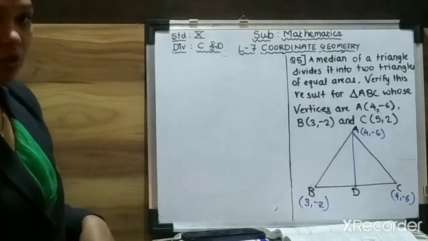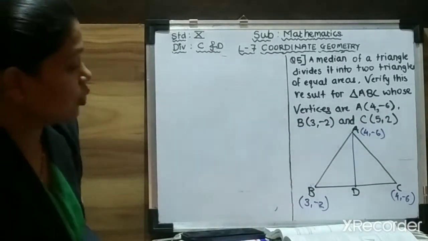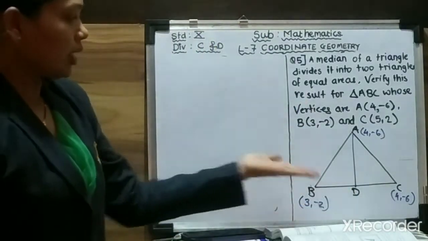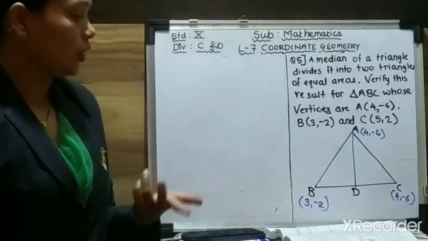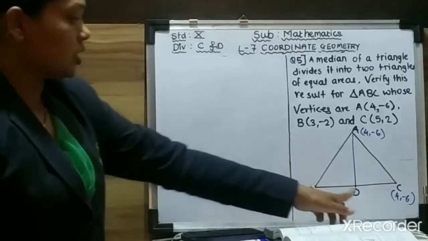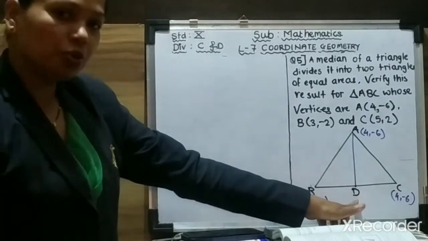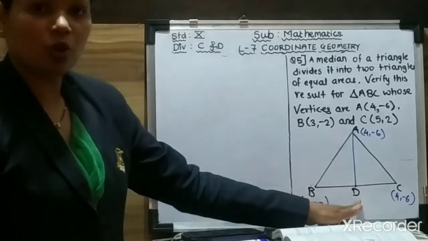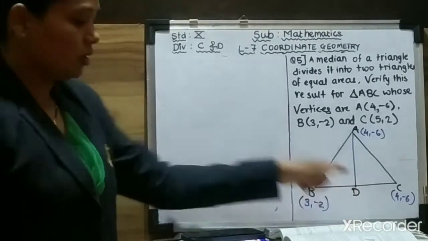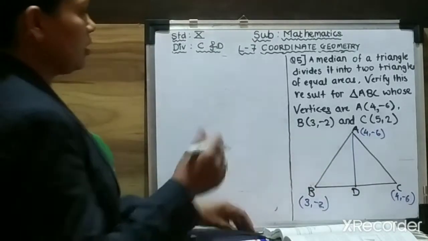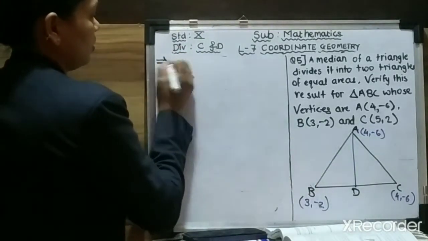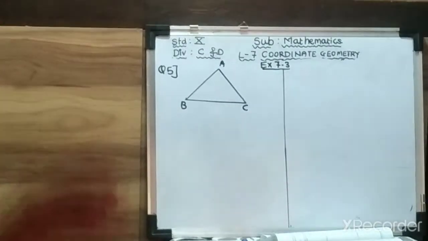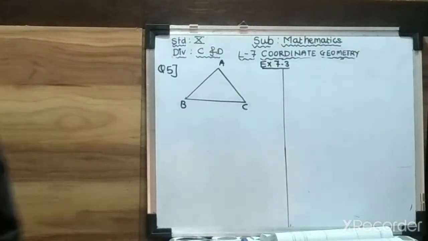Now what will we do? We should know the coordinates of D. As we know, we are able to find the coordinates of D because D is the midpoint. We use the midpoint formula to find the coordinates of D. Let us see this question number 5.